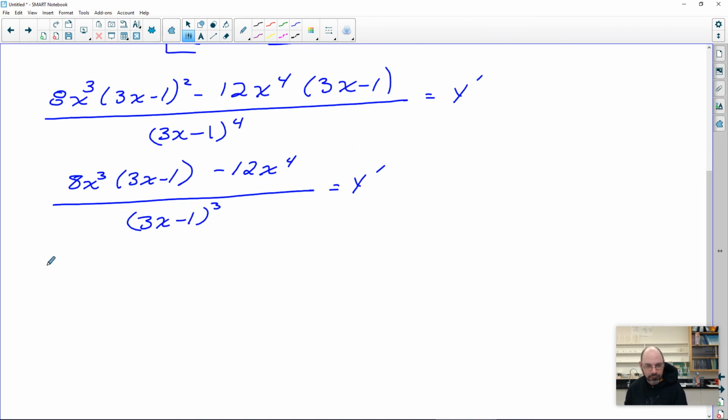So that's a good form. Okay, so we could also have taken a 4x cubed out front here, and then this would have been, in brackets, 2 times 3x minus 1 minus, and then we take a 4 out of there, that's negative 3x.